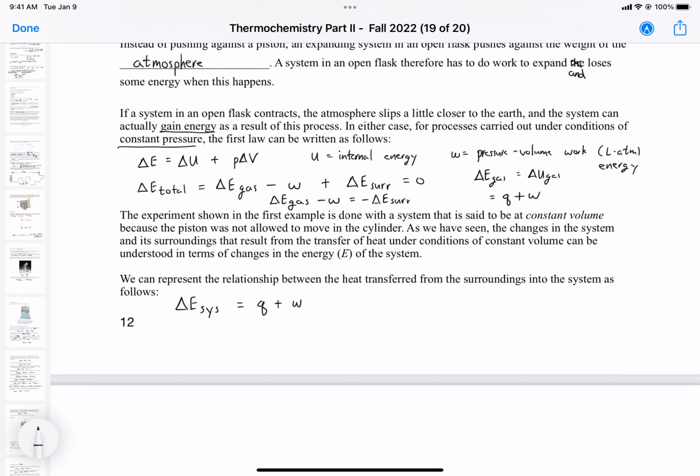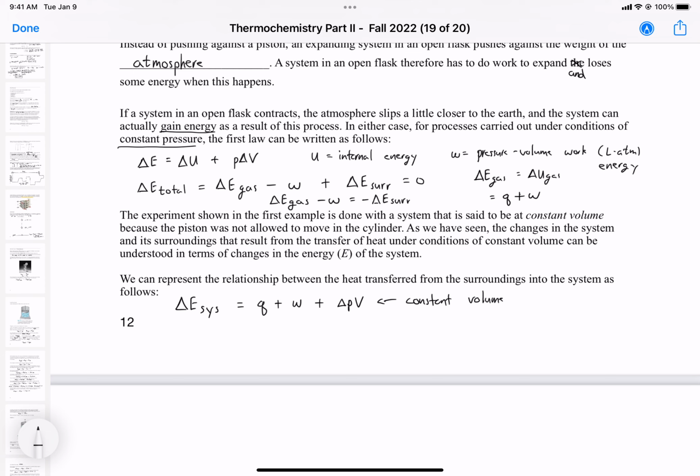But in this case, remember, we also have plus the energy due to pressure work. So in a constant volume situation, we have change in pressure times V. Constant volume, so the volume is not changing, right? So it's just going to be one value.